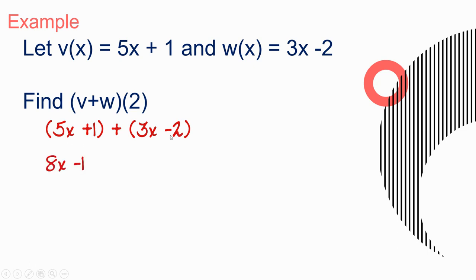We are going to combine like terms. So 5x plus our 3x equals our 8x. Positive 1 minus 2 leaves me with negative 1. Now we've added them and simplified them, combined like terms, all that stuff. Now we're going to evaluate by plugging in 2 for x. So 8x times 2 minus my 1, that gives me 15.